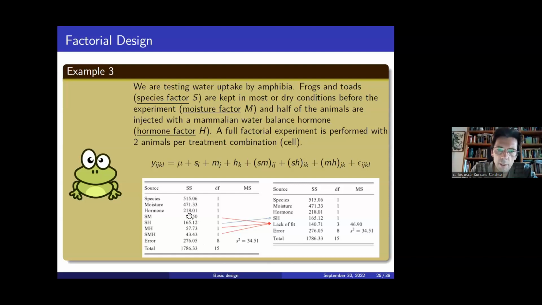So here, this is explaining 39 compared to 34, while this species and hormone is explaining 165 compared to 34. So in this comparison of signal to noise ratio, we see that for species and hormone, there is an interaction. Not all the species respond equally to the hormone. That is a very interesting result.